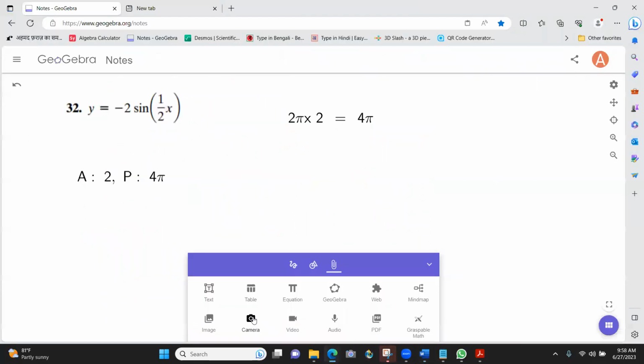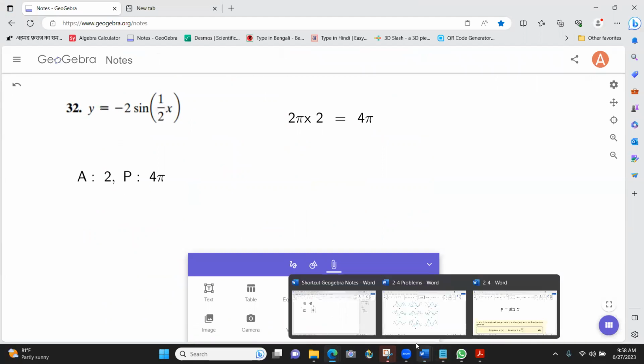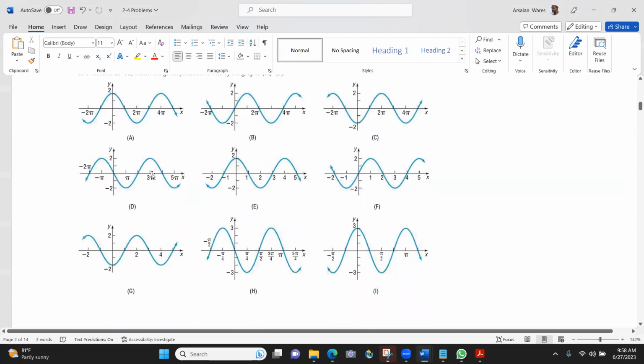Let me double check. The period is 4 pi, the amplitude is 2. All right. The period is 4 pi, I'll take it. The amplitude is 2, I'll take that. That's valid. And let me tell you what I mean by period is 4 pi.